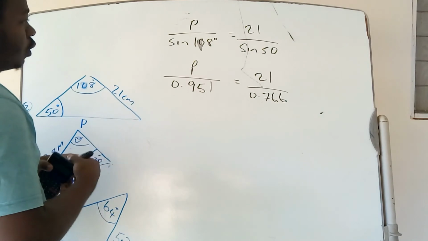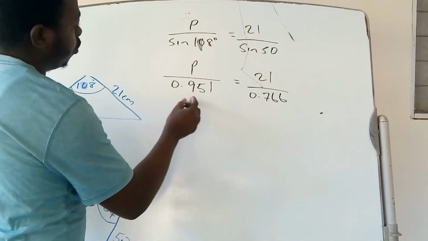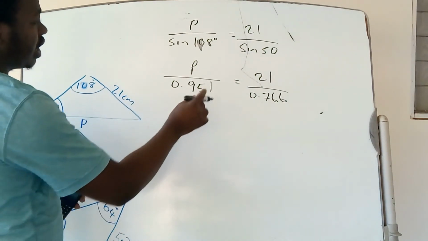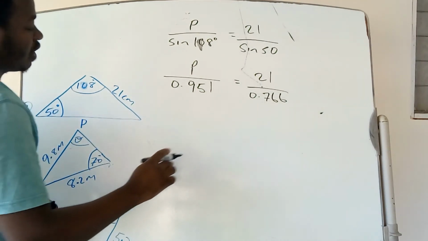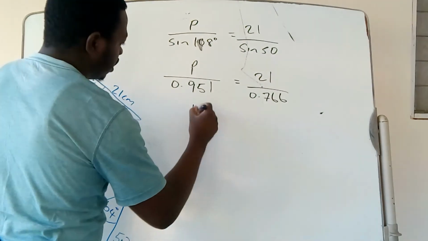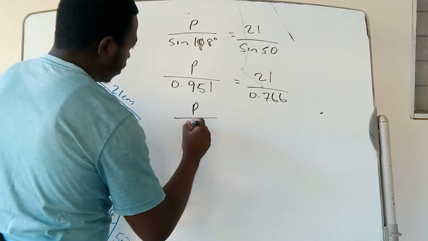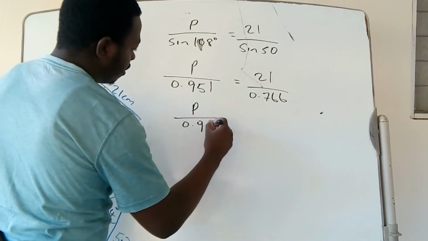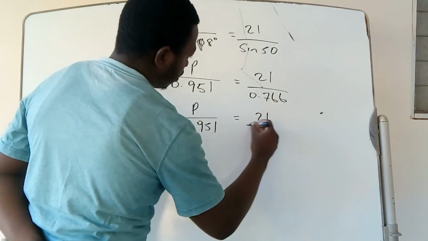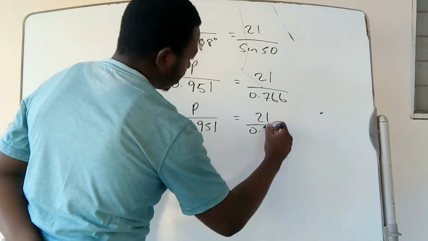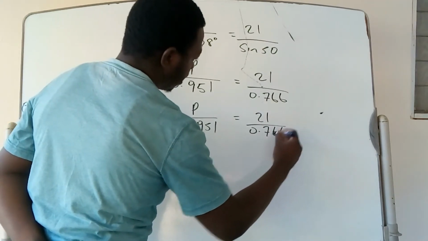I don't want this 0.951 on this side, so I'm going to multiply both sides by 0.951. I write back what I have, which is P over 0.951 is equal to 21 over 0.766.